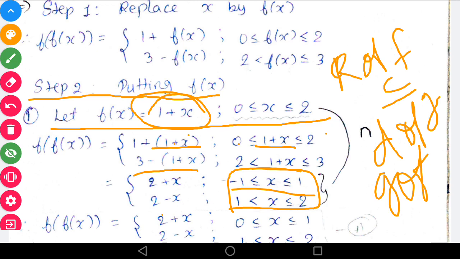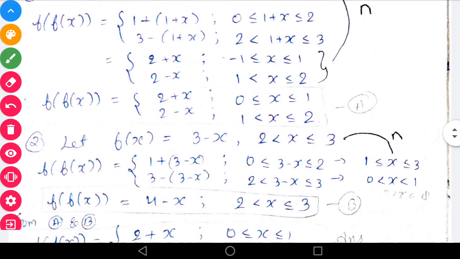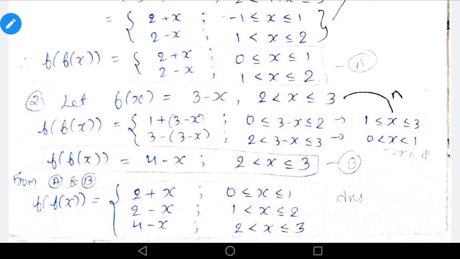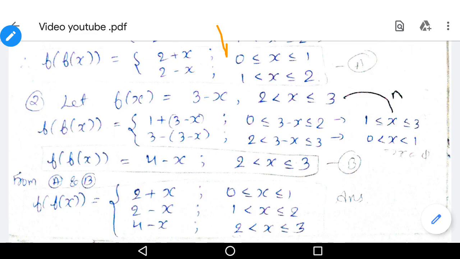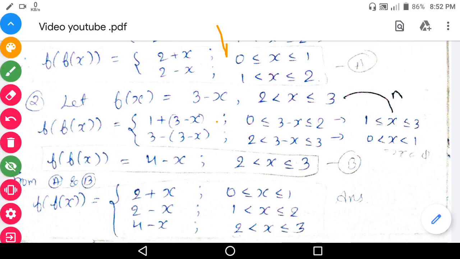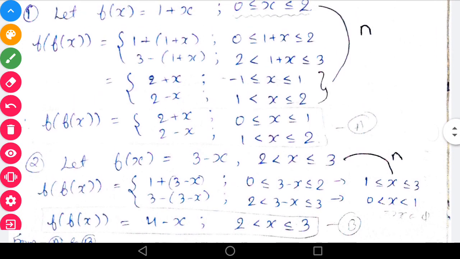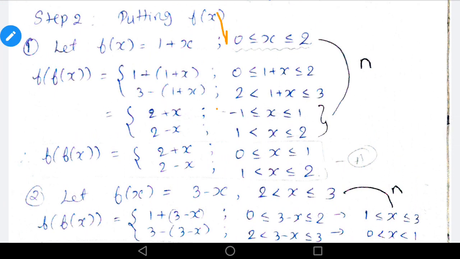Let me write it properly. This is our range, this is our range, this is our range.